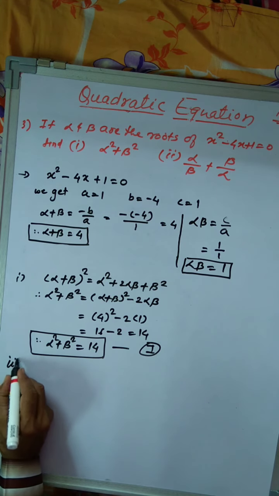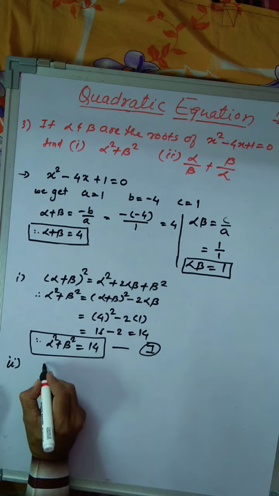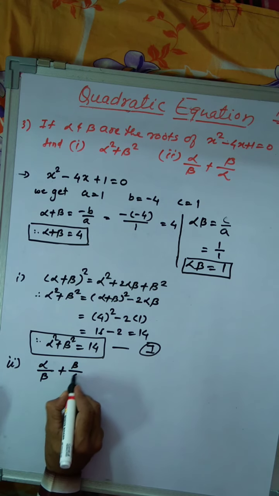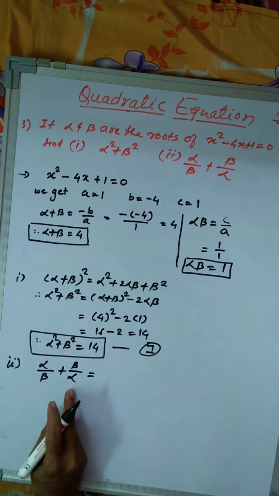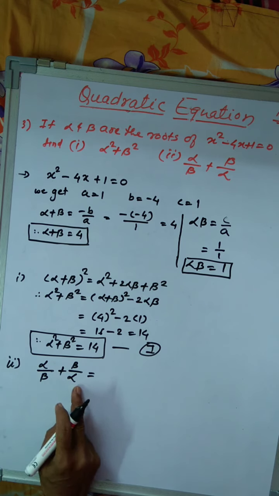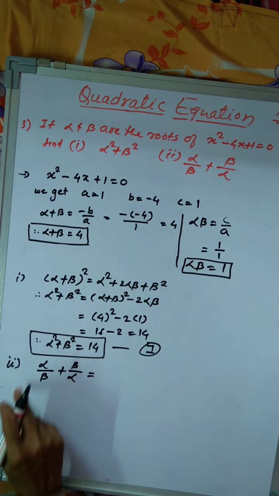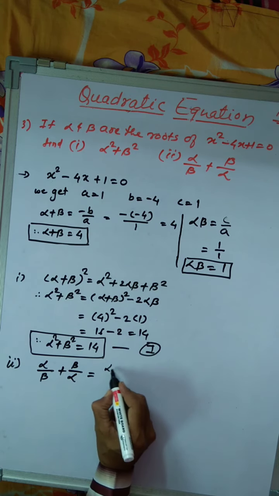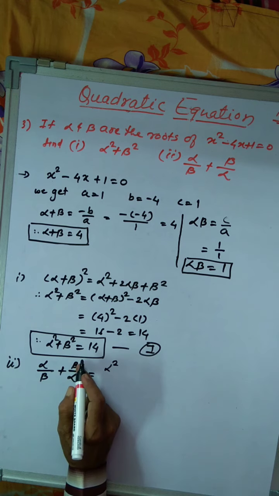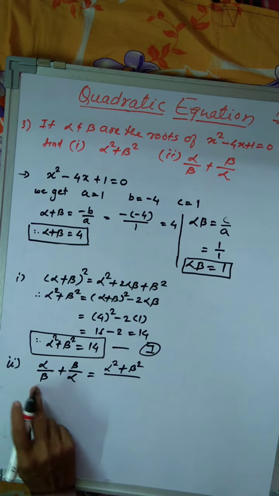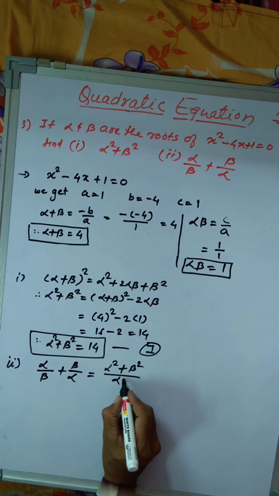Now the second value: alpha upon beta plus beta upon alpha. Here the denominators are not the same, that means we have to make the denominator the same by LCM, getting alpha beta, or by cross multiplication. We multiply alpha to the first alpha, which gives alpha square, beta into beta, that is beta square, upon the product of the denominators, that is alpha into beta.